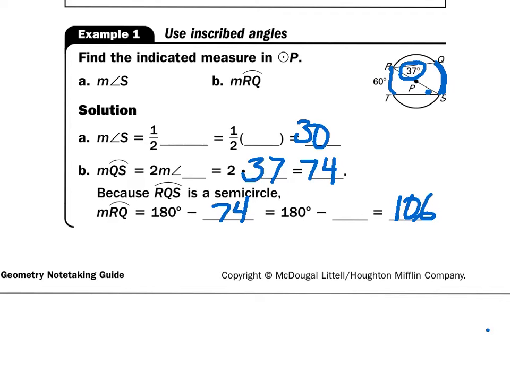So let's look at that again. RQS is a semicircle. Then just R to Q would be 180 minus this. Okay?